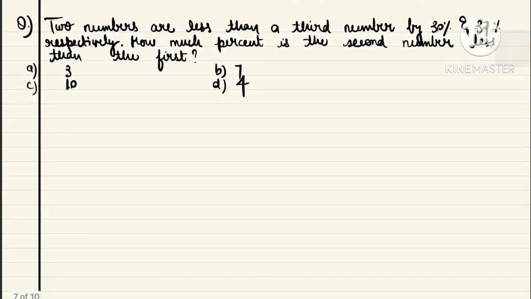In this question, it has been given that two numbers are less than a third number by 30% and 37%. How much percent is the second number less than the first? Let's take the third number as 100x.